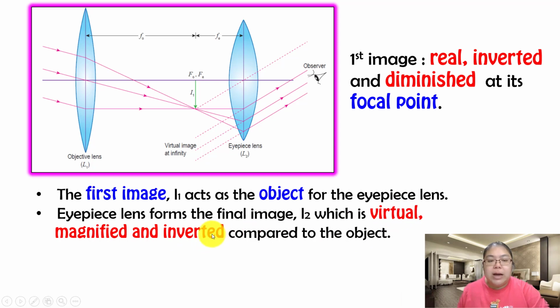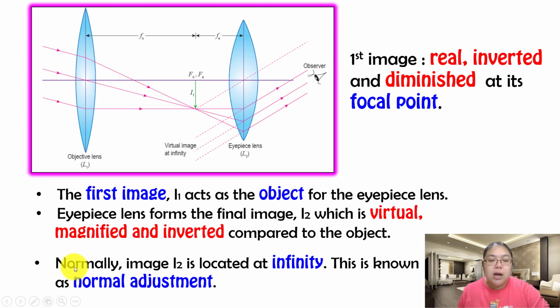Remember, why do virtual and inverted now become partners? Because we compare to the original object. We just got this situation in the microscope and telescope: virtual, inverted. The rest, virtual is of course upright. So you add one more characteristic: infinity.